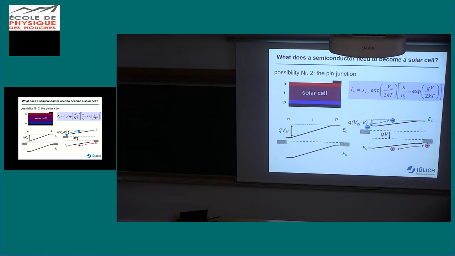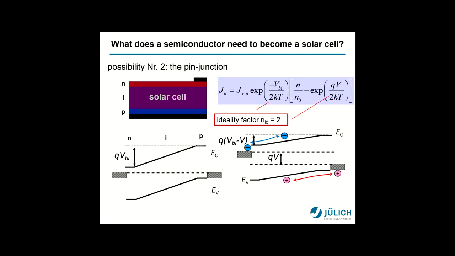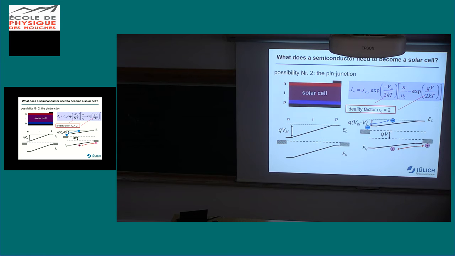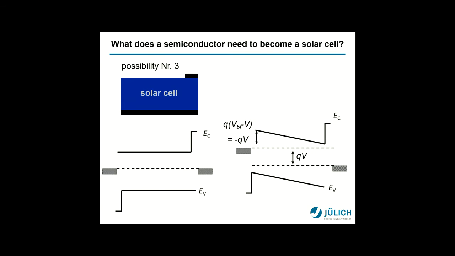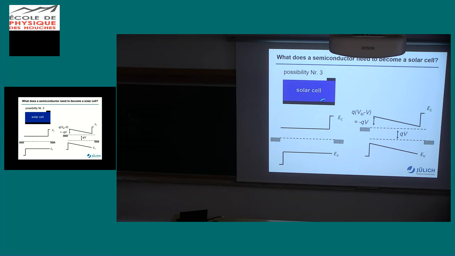And of course you have a similar equation for the holes, but in that case I do not add up, because they are connected in series. So both are valid, and the same current has to flow. And that's one way of introducing the ideality factor in the diode equation. That's essentially a diode equation, and you see this 2 is just a correction factor to the classical diode equation, and that's valid in PIN junctions.